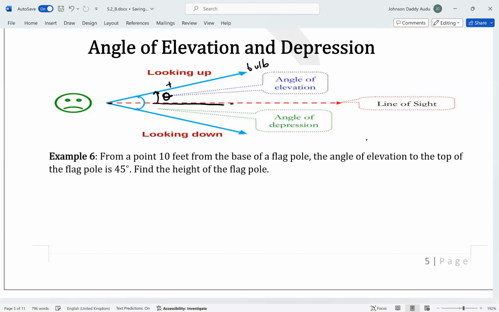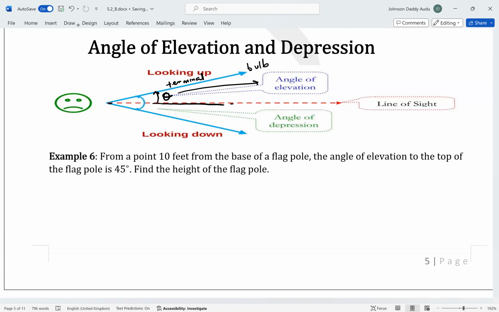This becomes your terminal because this is where your eye terminates when you lift up your head. So this angle theta is what we call the angle of elevation because it is formed between your line of sight, which is your initial sight, and your terminal sight by looking up.